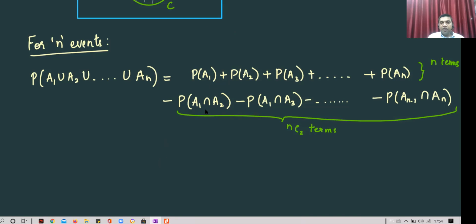Next will be, we have excluded in the process that which is counted thrice, so we have to add it.